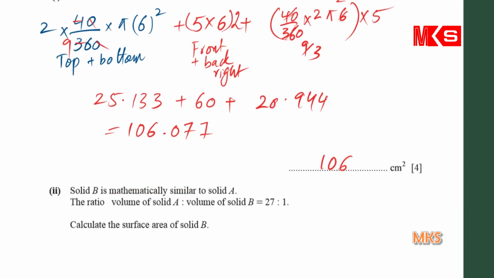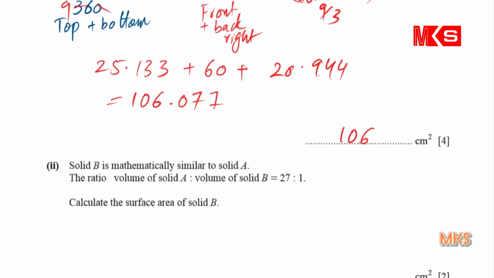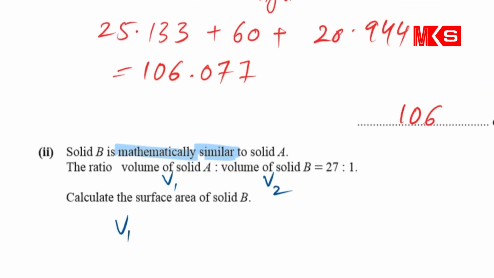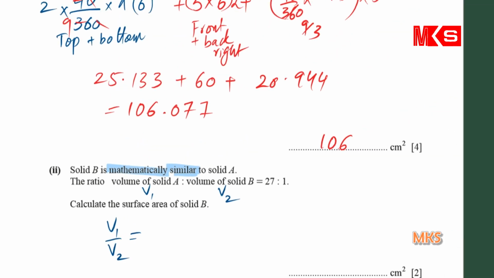Solid B is mathematically similar to solid A. So these are similar figures. The ratio of the volume of solid A to the volume of solid B is 27:1. Calculate the surface area of solid B. Mathematically similar or geometrically similar is the same thing, meaning these are similar solids. If I call these V1 and V2, what we are given is V1 over V2 is 27/1.